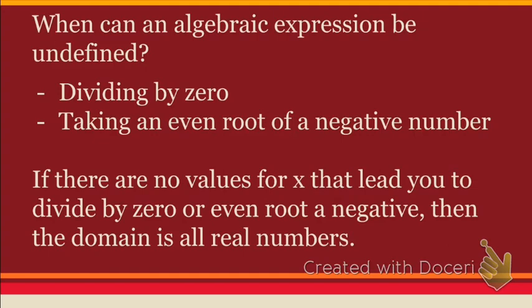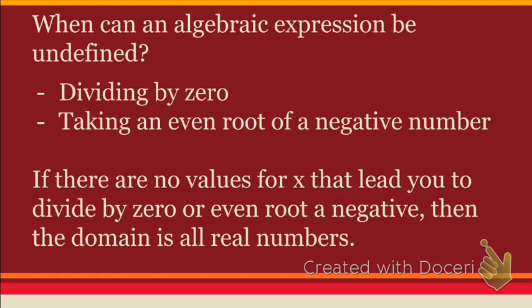Look for dividing by 0. That means we're going to take denominators and find any x values which make them 0 and take them out of our domain. And also taking the even root, so I talked about square root, but any even root of a negative number, because that's going to result in a non-real answer. So therefore those x values would not be in your domain.